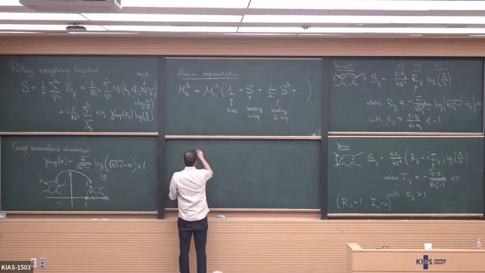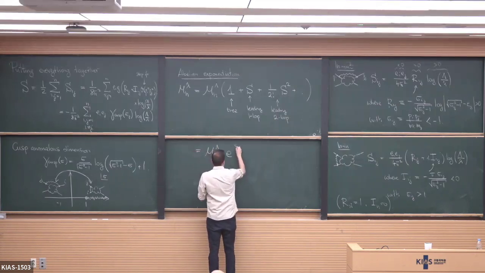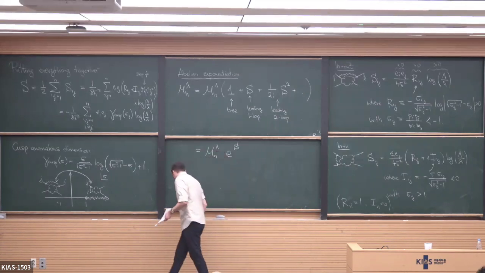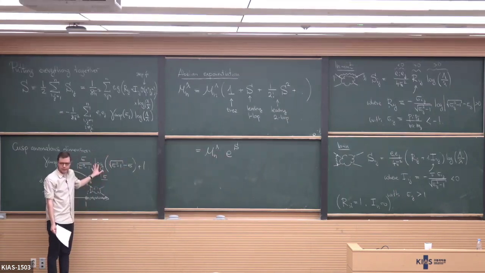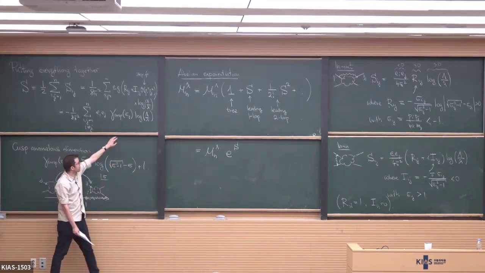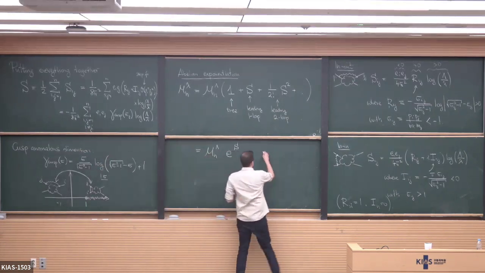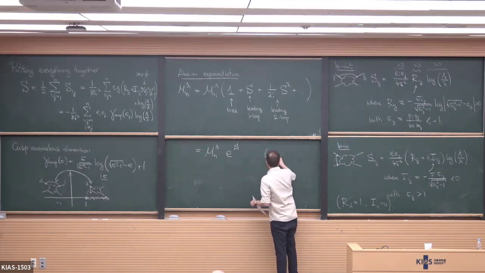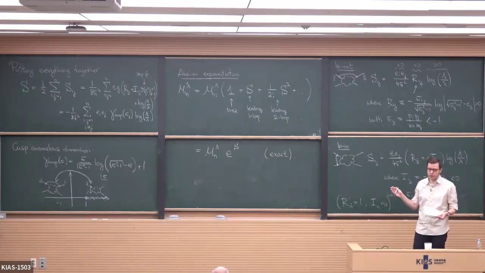So the answer is going to be the original amplitude times the exponential of S. Strictly speaking, what we've done here was studying the leading logarithmic part of the exponentiation. But you can show, with much more work that was done many decades ago, that this turns out to be exact to all orders. This is a special thing about QED, and for example, it does not hold in QCD.